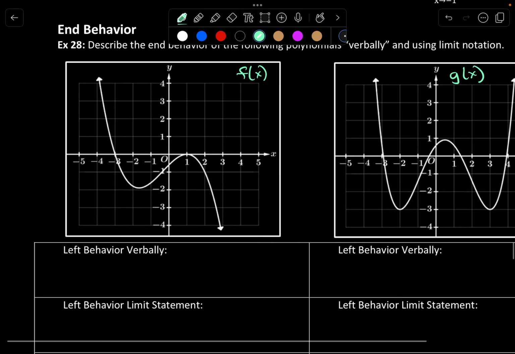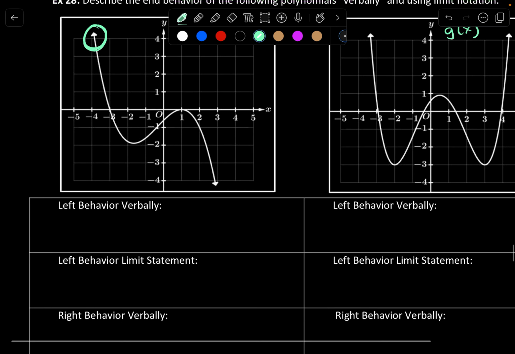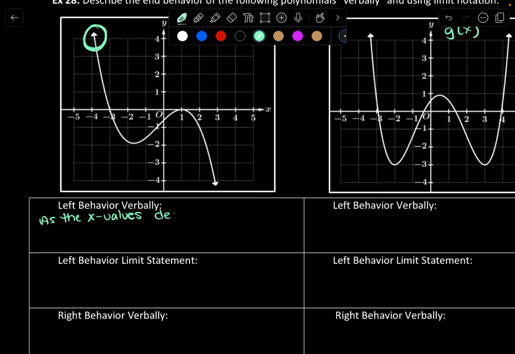Okay, so the left behavior. We can see that it's approaching positive infinity for the y values, but it's going in the negative direction for the x values. So as the x values decrease, because we're going to negative infinity, and to say that it's going to negative infinity, we say decrease without bound.